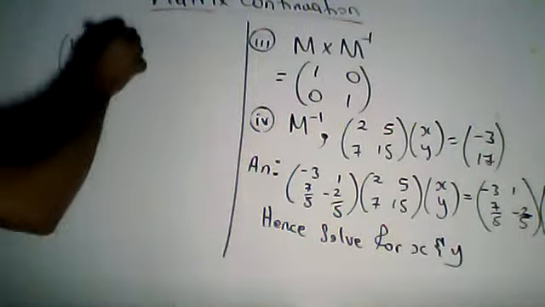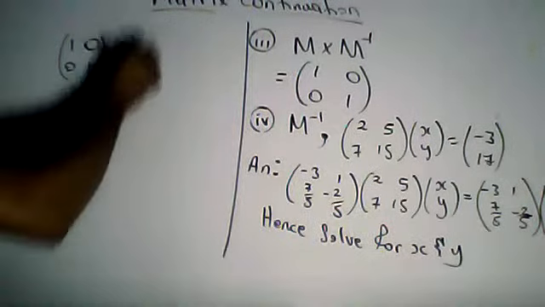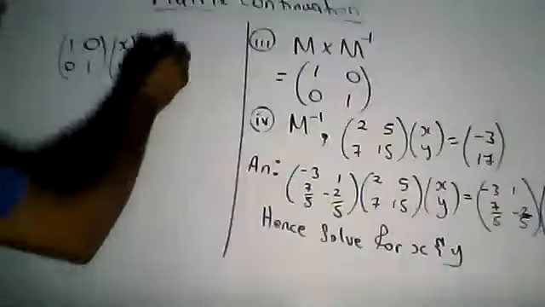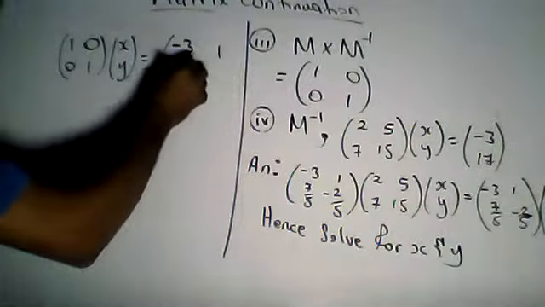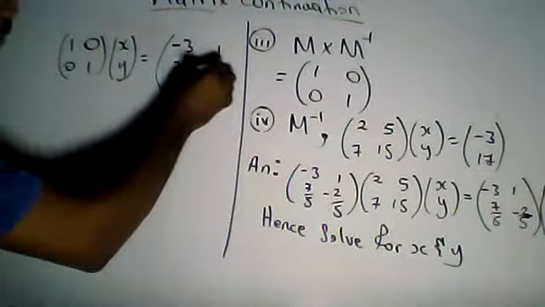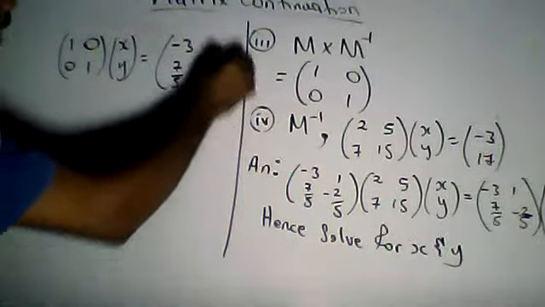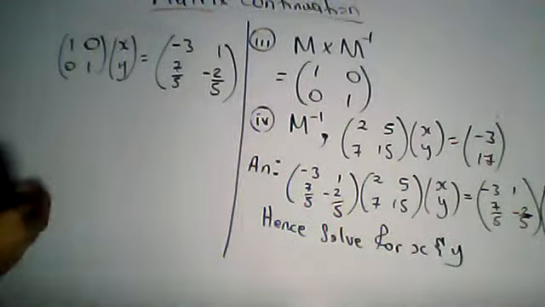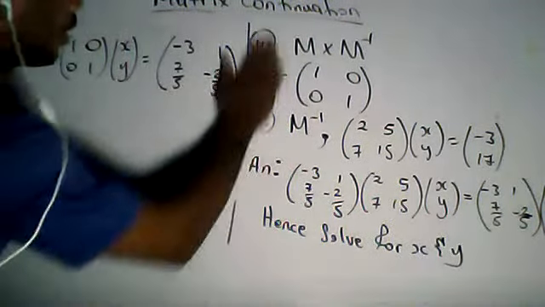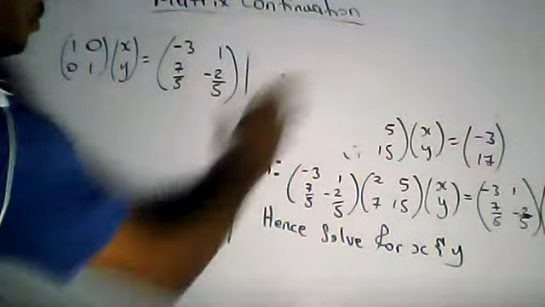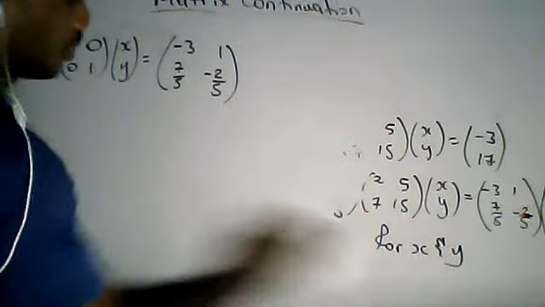I try to write a bit small so that everything can hold here. X and y equal to 2 by 2 matrix, which is minus 3, 1, 7 over 5, and the minus 2 over 5 times minus 3 and 17. So I'm just going to erase over here so we can get the space.